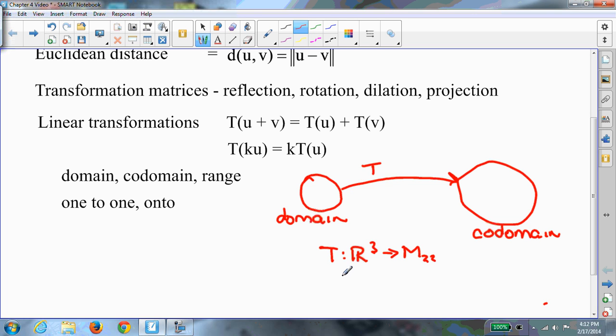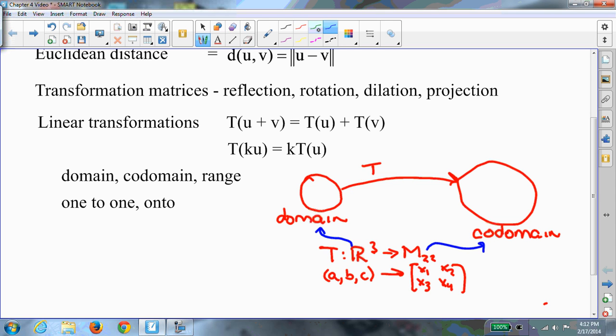So this would be like a 3-dimensional vector, A, B, C, and the output is a 2 by 2 matrix of some sort, x1, x2, x3, and x4. So R3 is the domain. That is where I'm coming from. M22 is the codomain. That's where I'm going to.